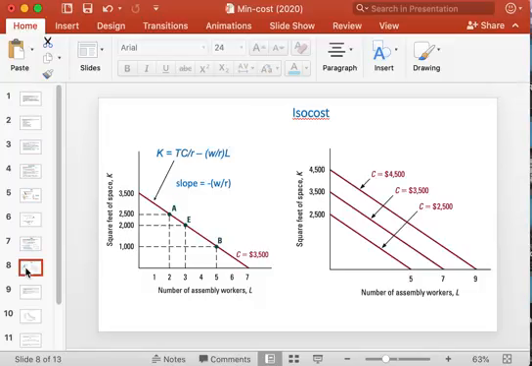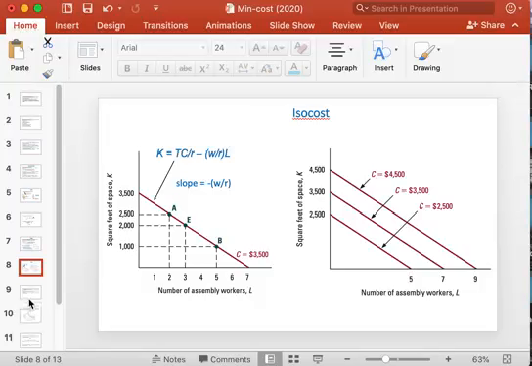So now we can combine these two curves, the isoquant curve and isocost line, and find out the minimum cost function.